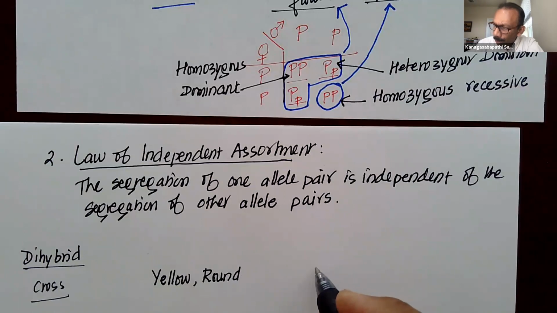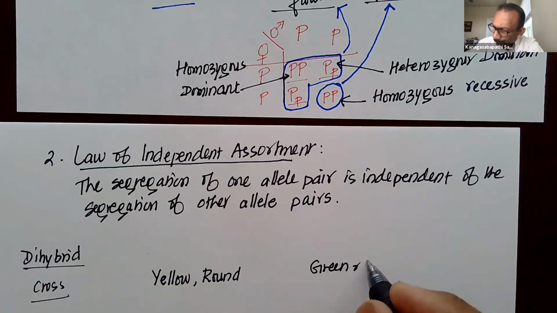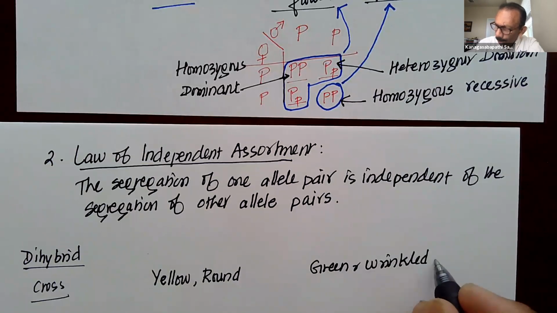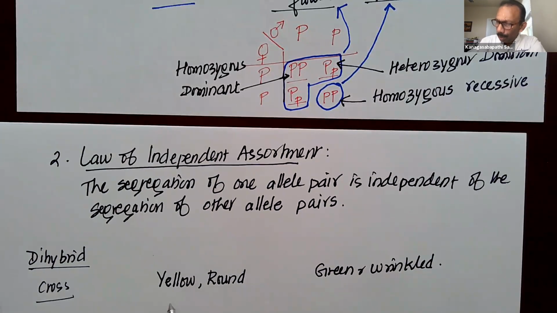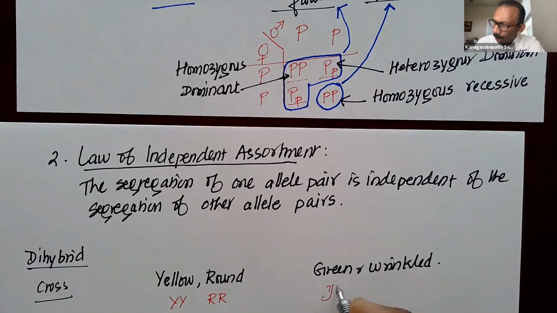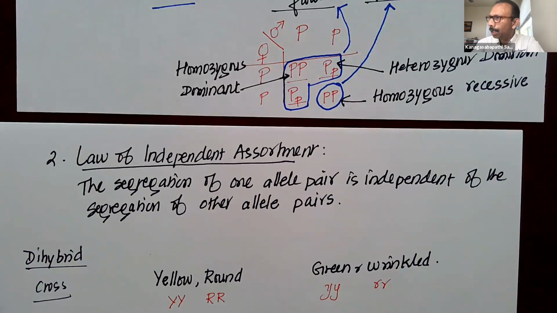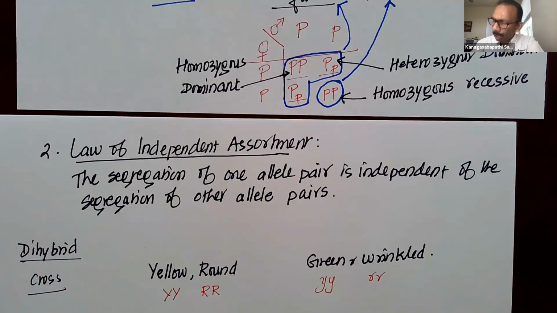Another one is green color and wrinkled shape. The genotype that he assigns to yellow and round is YY RR, and to green and wrinkled is lowercase yy rr. So that is the genotype that he assigns.